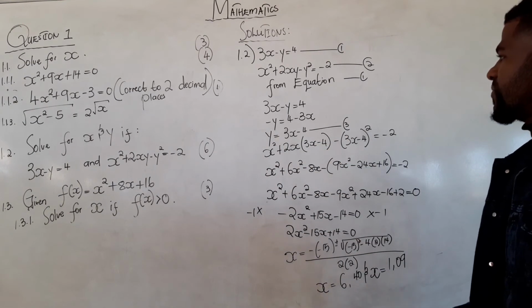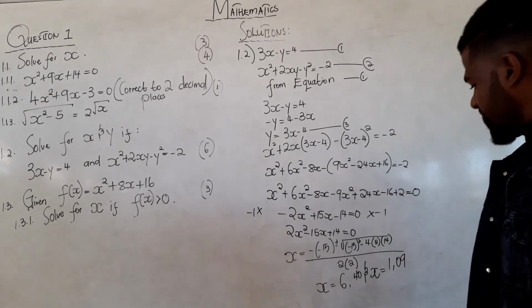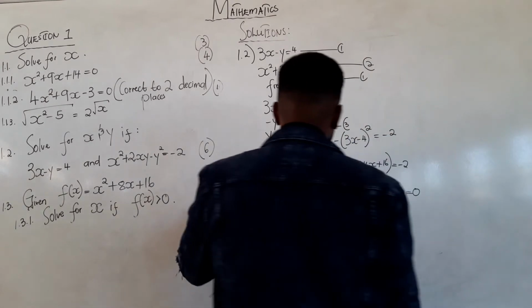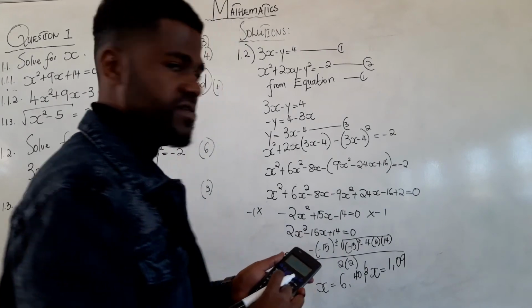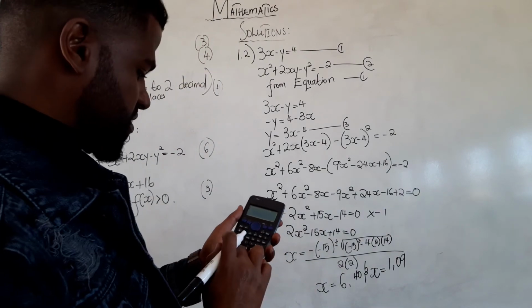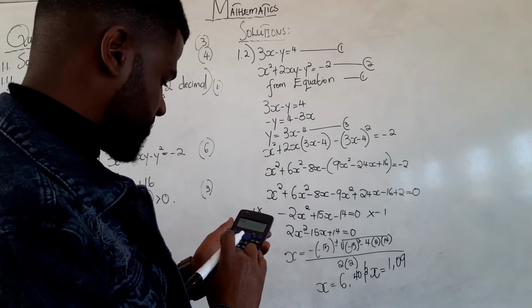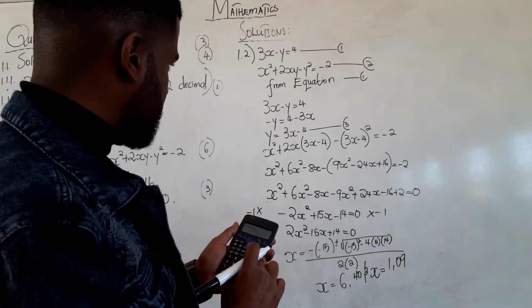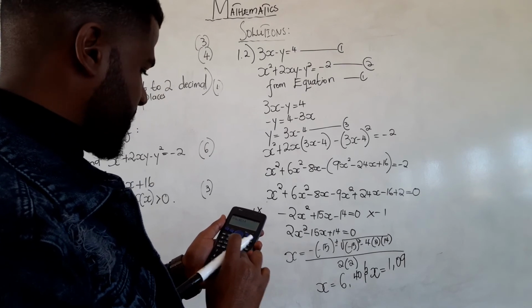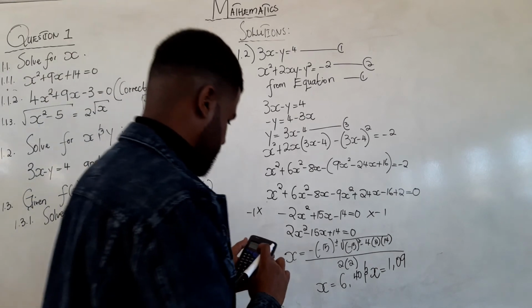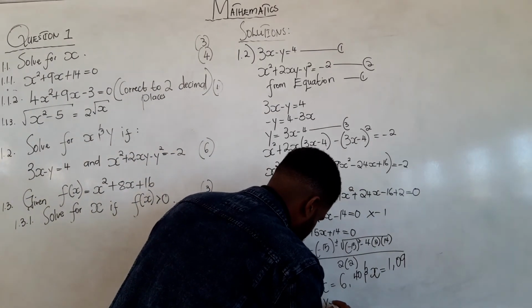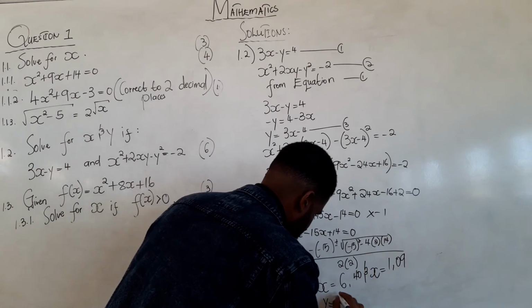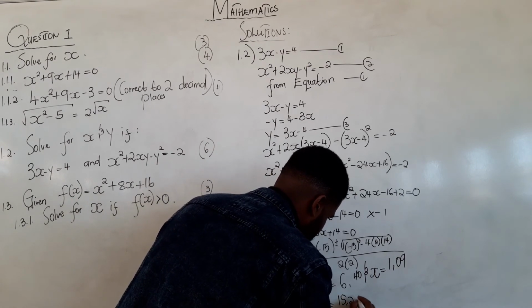And then we are going to substitute these two values of x into our third equation to get the value of y. If you substitute our value of x here, which is 6,40, this is going to be 3 into 6,40 minus 4. So the corresponding y value for this x value is equal to 15,2.